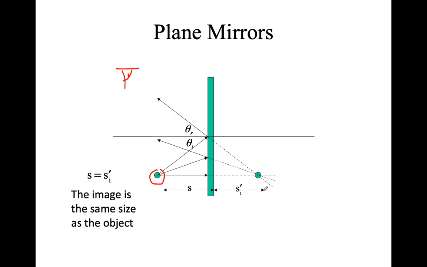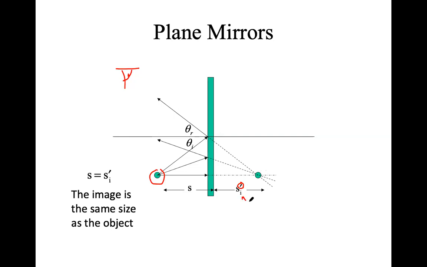I see my dots are a little off. We call the location where the light appears to be coming from behind the mirror the image, and we call this distance the image distance. Our textbook just uses the prime for the image distance. I throw in the I just to remind you that's the image.